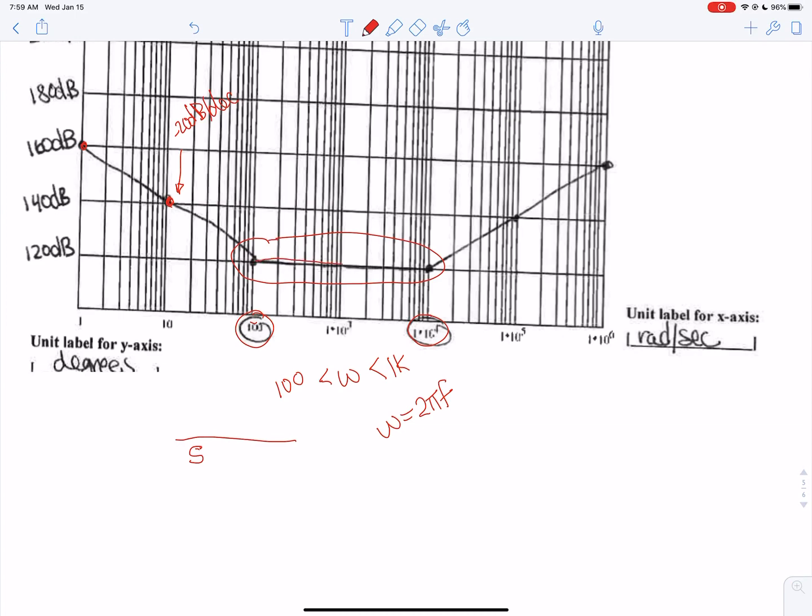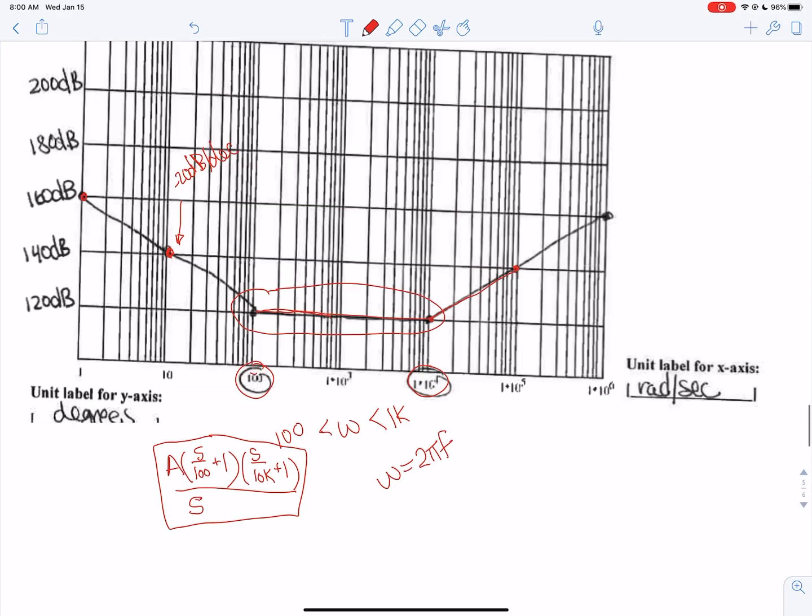And then it has a flat, which means we must have a plus 20 to make that flat. So at 100, we have 1 zero. And then again, we have an additional 20 increase at 10K. So again, we have another zero. And there's some constant that's out there. So we have the form of this for this Bode plot.